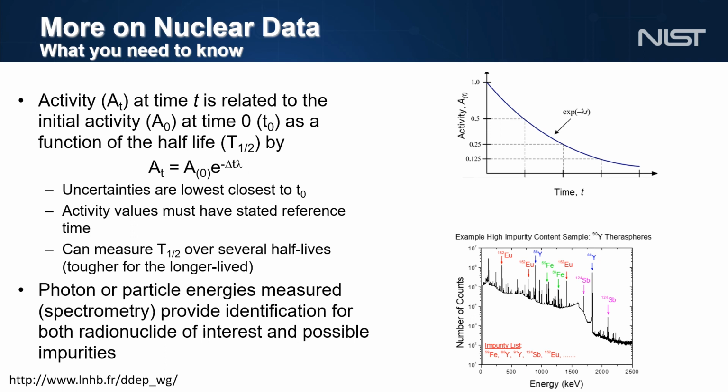The emitted energy of particles or photons provides key information to identify radionuclides and/or impurities based on their values and their relative yields. Half-lives, energies, emission probabilities, and associated uncertainties continue to be updated by the radionuclide metrology community. Publications are at various sites, especially at the Decay Data Evaluation Project, or DDEP.